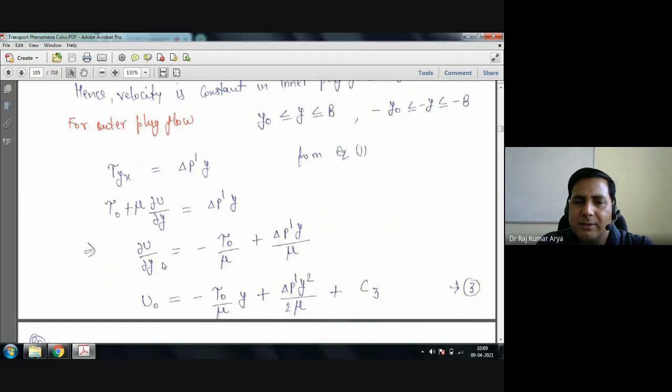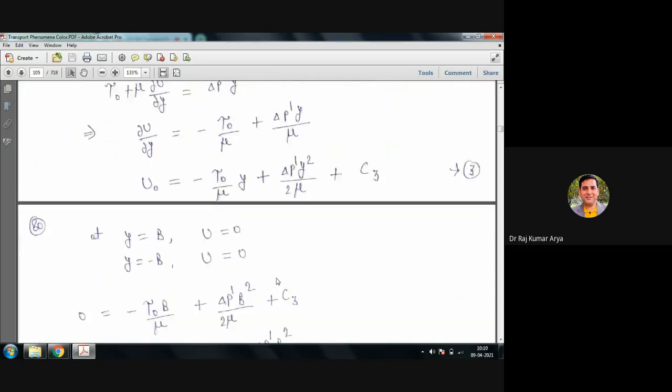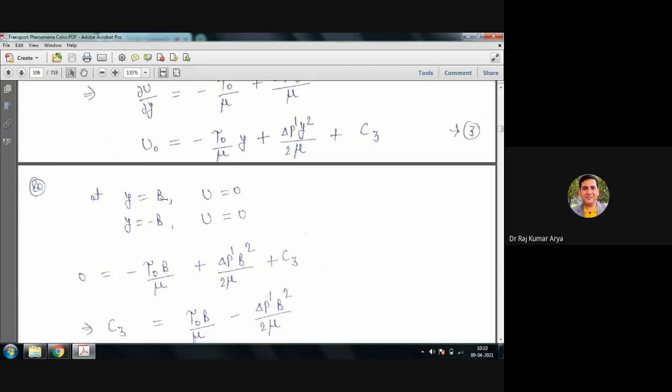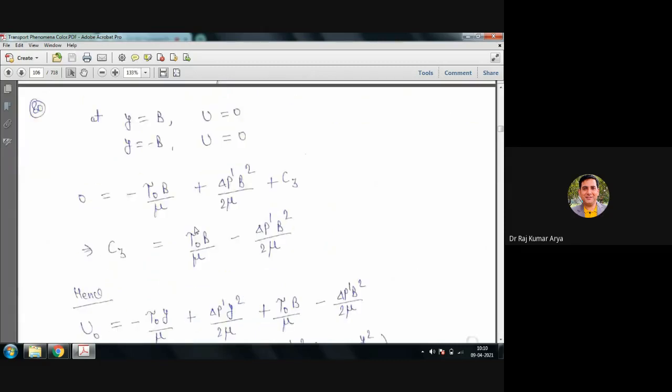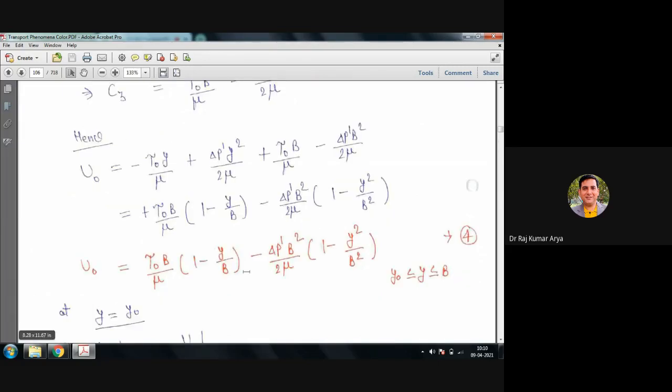So you can rewrite this u naught and this particular part, integrate that, and you will get this value. You got this previously also. Now at y equal to plus or minus b, your velocity is 0. You get the constant there, and then you can integrate it. You will get the same thing as we got previously, right?